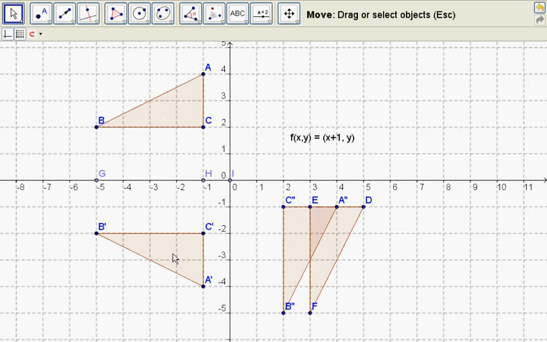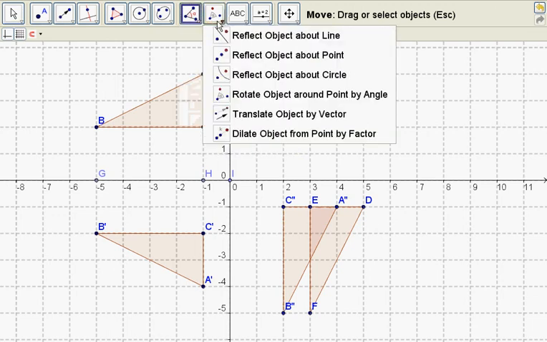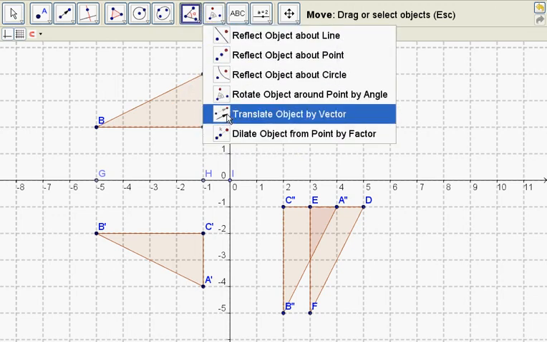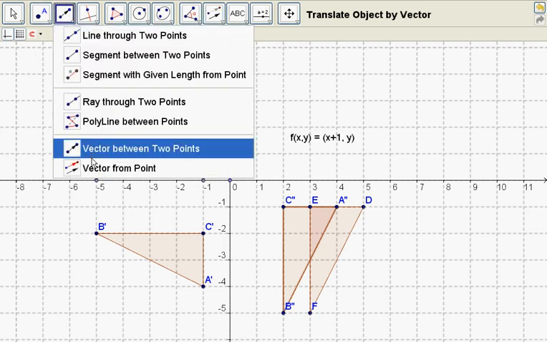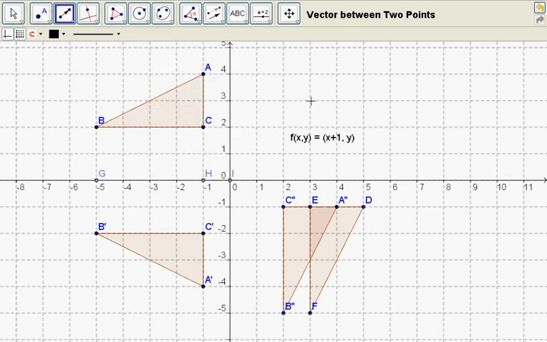If I were asking you to explain the transformation that's taking place, that's what you would need to do. We're going to translate this object by, I never drew a vector. The vector, if I were to write this as a vector, would just be an arrow that goes one to the right.